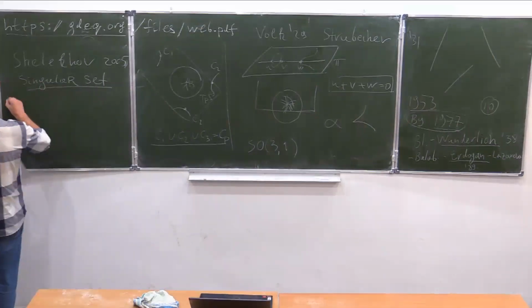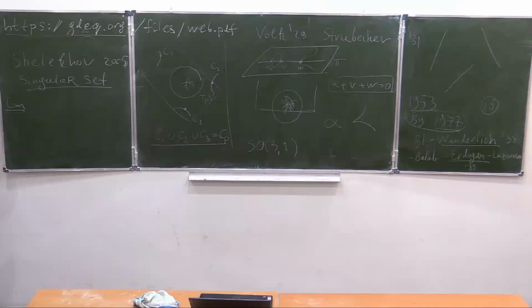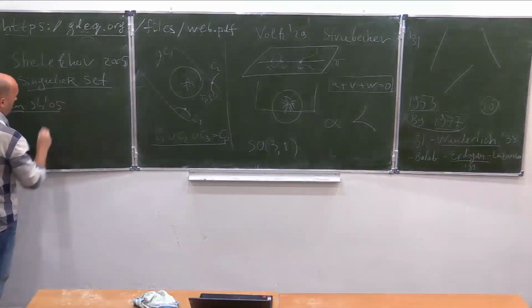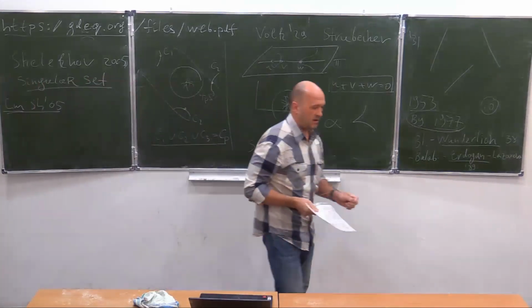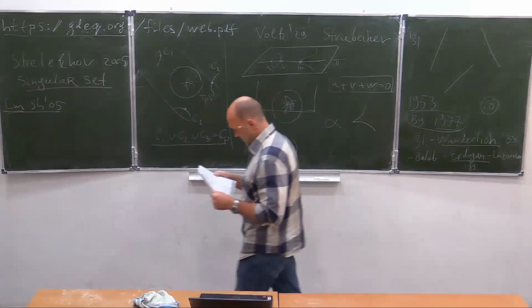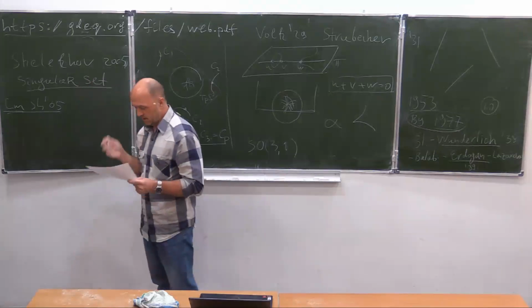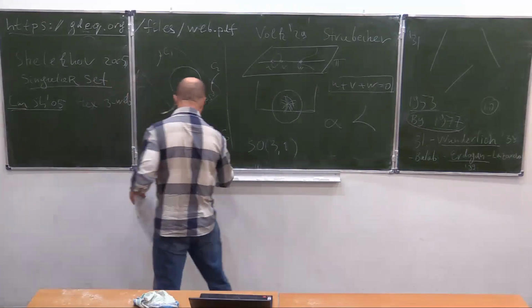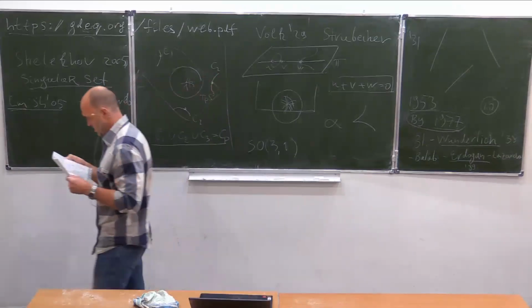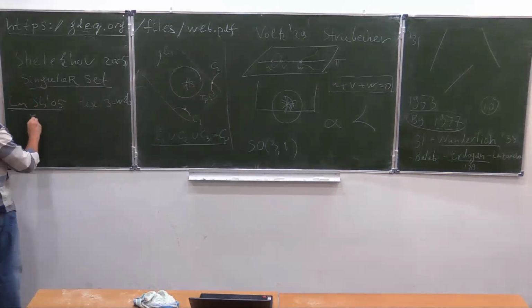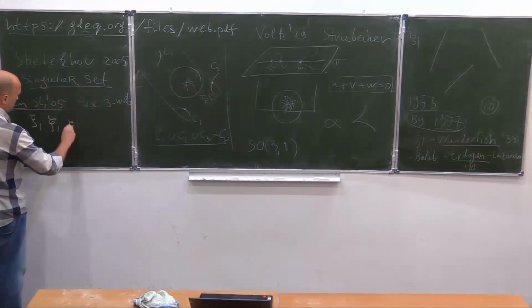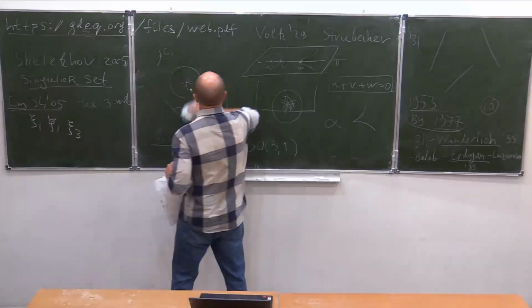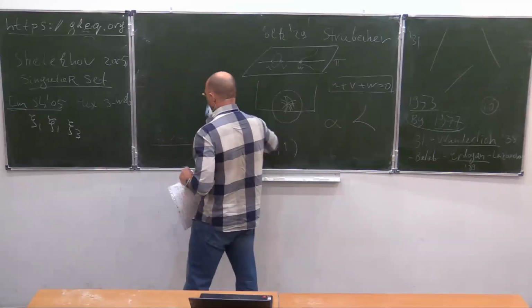So let me announce, let's call it the lemma of Shelikhov. This lemma actually applies to any hexagonal 3 web, and it claims the following: you have a hexagonal 3 web, say given by a three-directional field, Xi1, Xi2, Xi3, and we consider the simplest singularities.